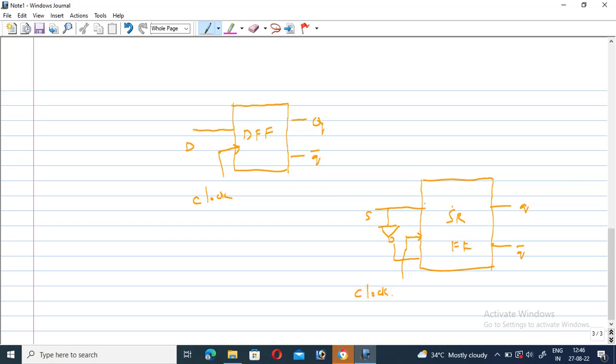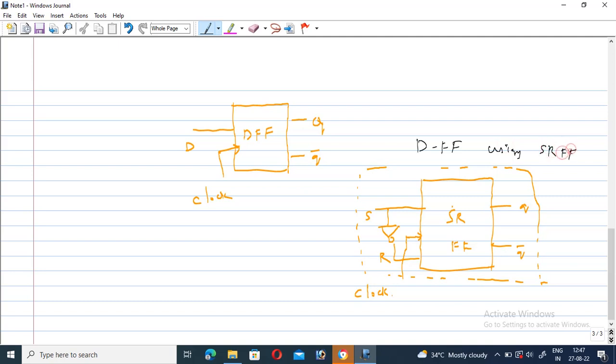This complete circuit is equal to D flip-flop. This is an internal diagram of how the D flip-flop is built using an SR flip-flop.